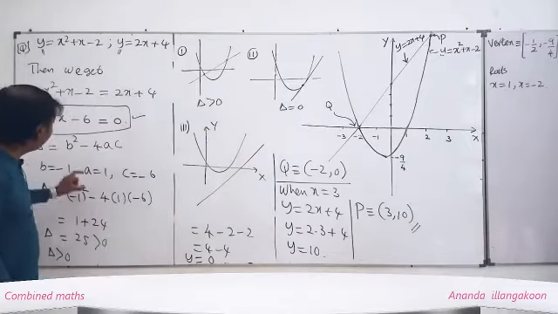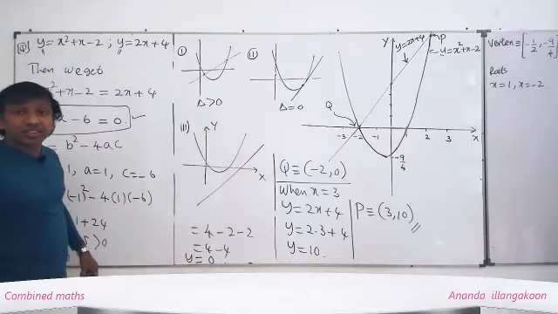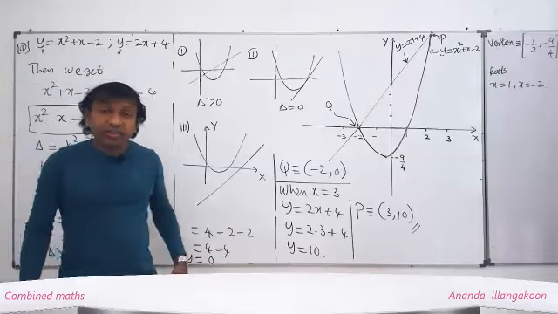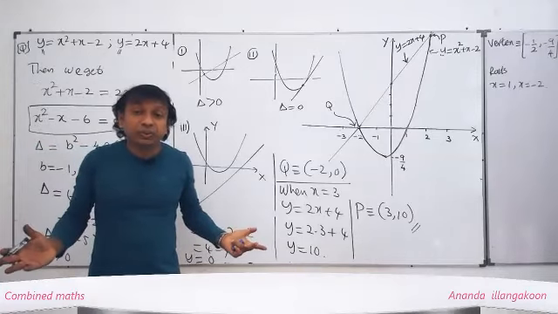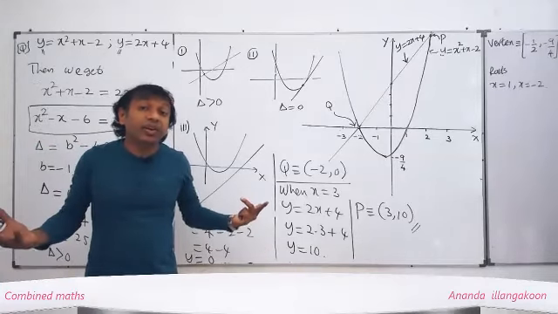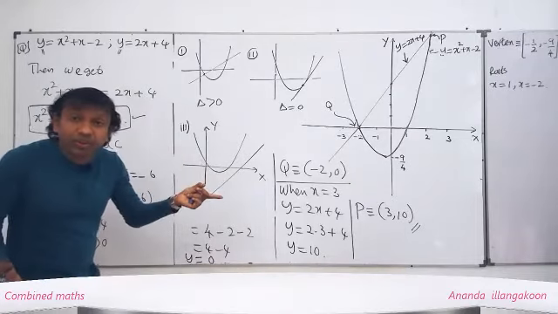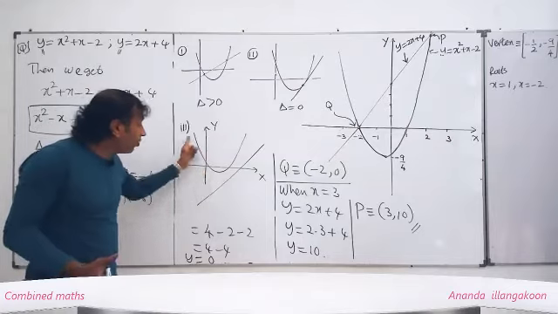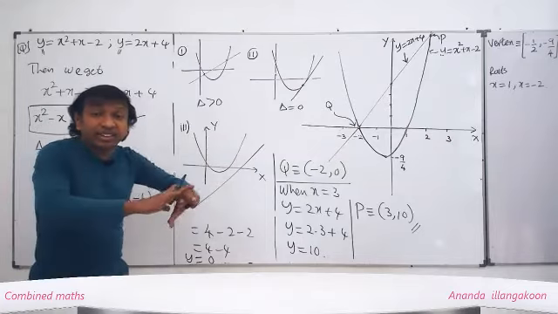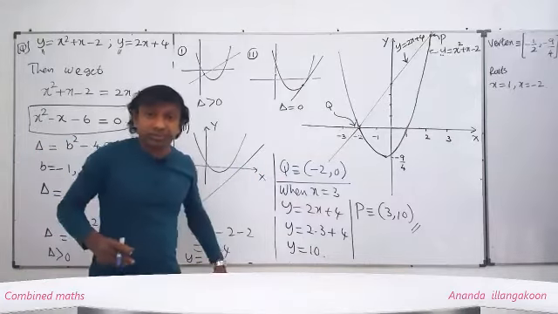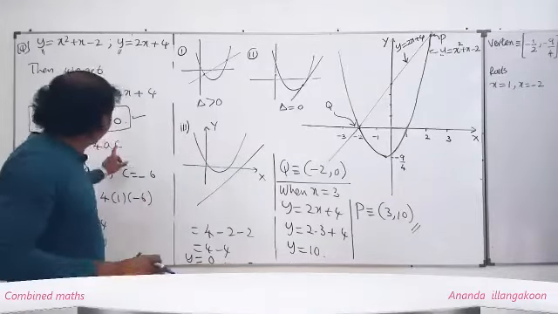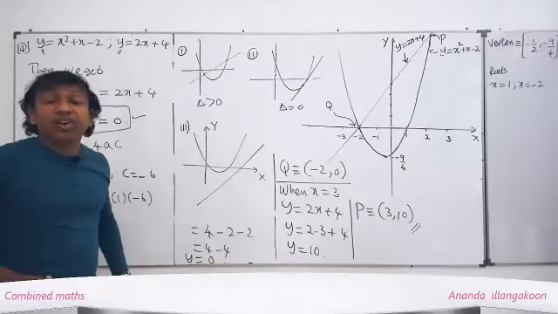In that case, this quadratic equation should not have real roots. Why? By this equation we get x values at the points of intersection. In this case we can see the graph and line lie separated. That means they don't intersect. Therefore this equation should not give real roots.